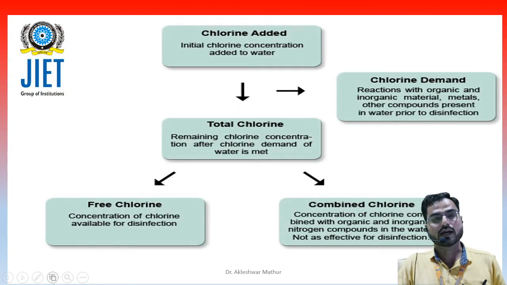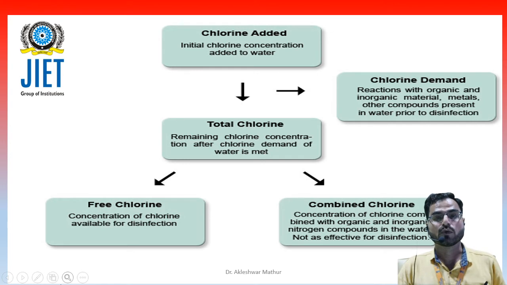Now before starting the chemistry behind the breakpoint chlorination, we should be aware of some technical terms related to the chlorination and breakpoint chlorination. What is chlorine added? Chlorine added means the initial chlorine concentration added to the water. That is the amount of chlorine in parts per million or milligrams per liter added to the water.